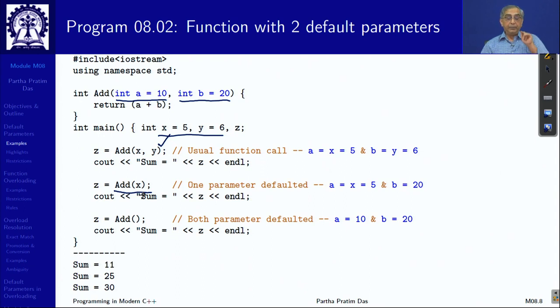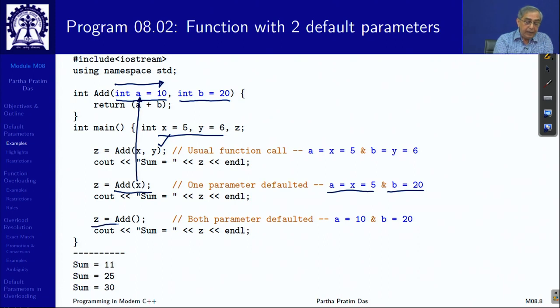Now, if I call it with one parameter, whether it is a or it is b, that is decided from the left hand side. When I pass parameters, it is always taken from the left. So, x is copied to a, so that becomes 5, but b is not given. So, its default value is taken, which is 20.